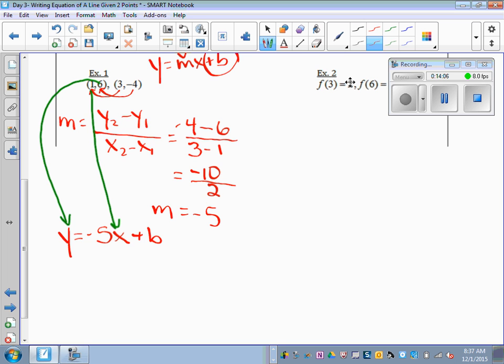Now all I'm doing is just picking one of my points and substituting in those values. So we have 6 equals negative 5 plus b.